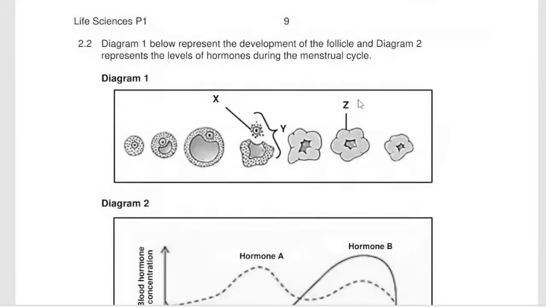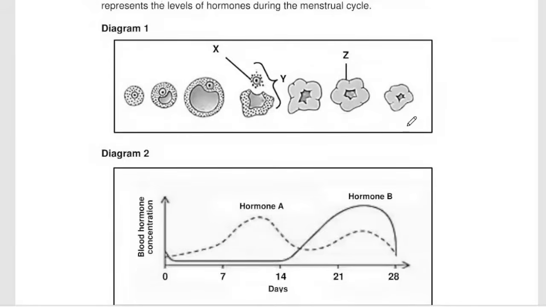Diagram 1 below represents development of the follicle, and diagram 2 represents the level of hormones during the menstrual cycle. If you look at this, we see this is a corpus luteum, and this is the ovum, which is released by a process called ovulation.